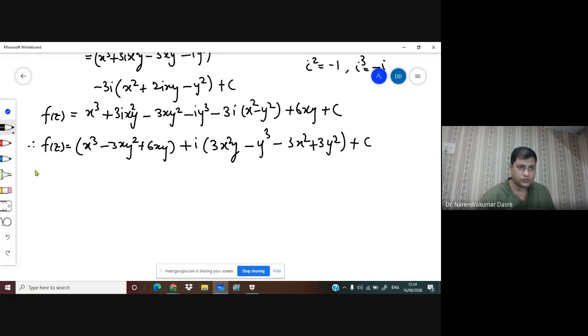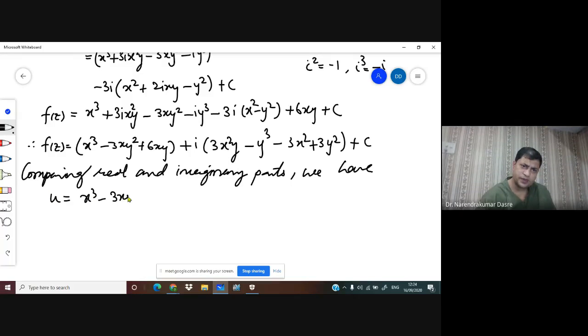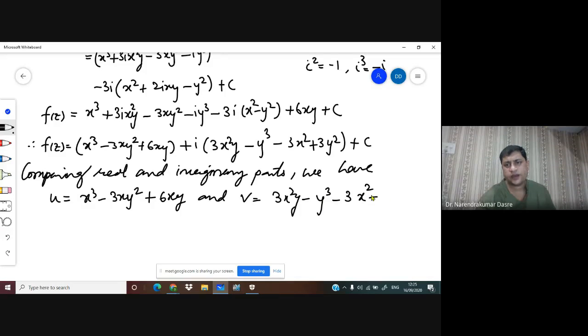So we write here, comparing real and imaginary parts, we have u is equal to x cube minus 3xy square plus 6xy, and v is equal to 3x square y minus y cube minus 3x square plus 3y square. So what we know is that v is the harmonic conjugate of u.